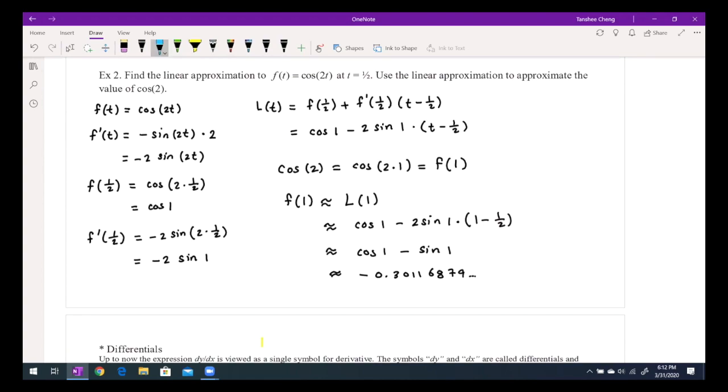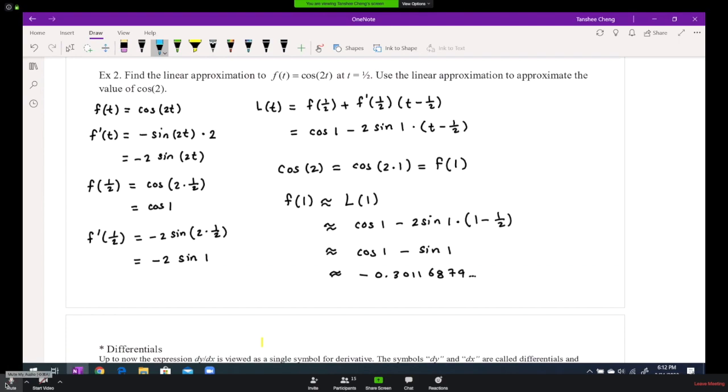I'm sorry. Yes. Hold on. So how did you get t to be 1 again? How did I get t to be 1? Okay. So that's why you need to look at this step, to make sure you understand what is the value that we are trying to approximate. We want to approximate cosine of what? 2. Yeah, so we need to ask the question, what do I need to plug in for t so that this cosine of 2t becomes cosine of 2?